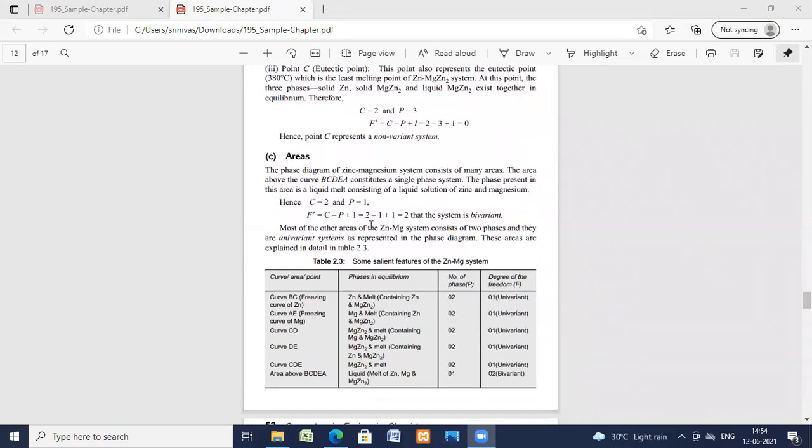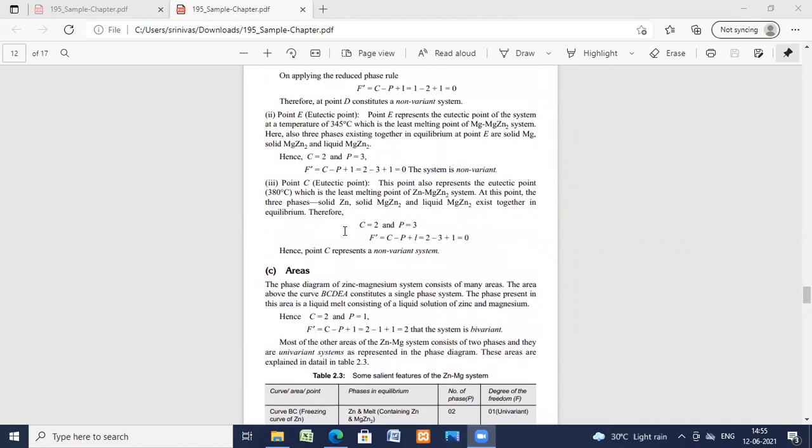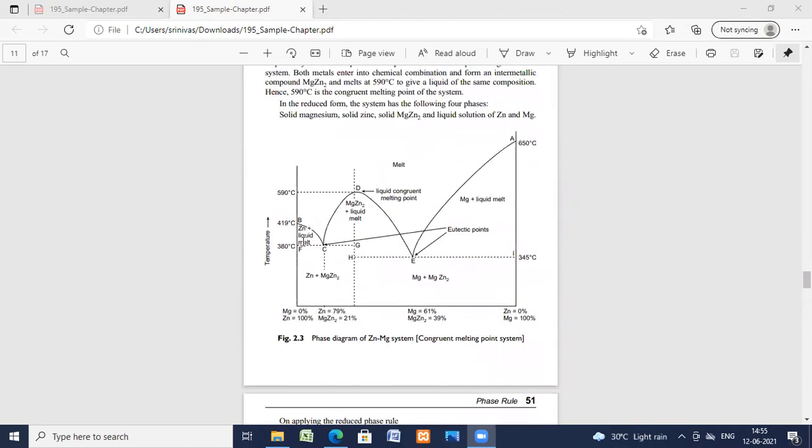Now most of the areas of the zinc magnesium system consist of two phases. As I've told you, they have two phases, and they constitute univariant systems. You take this complete area, it is only one phase, and you get a bivariant system.